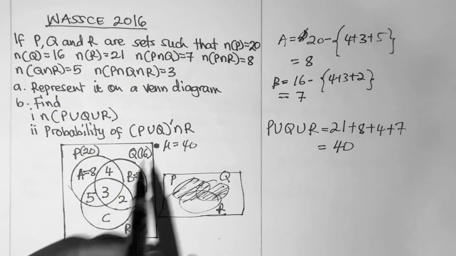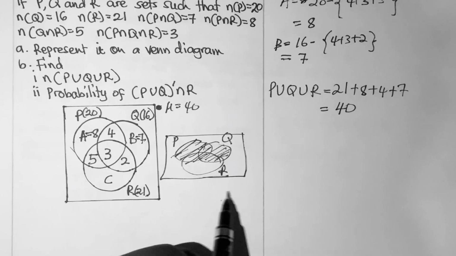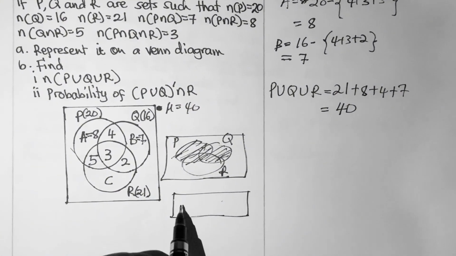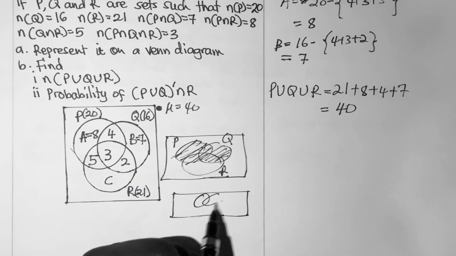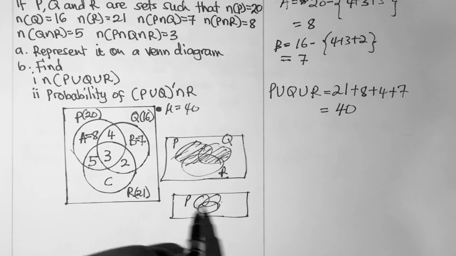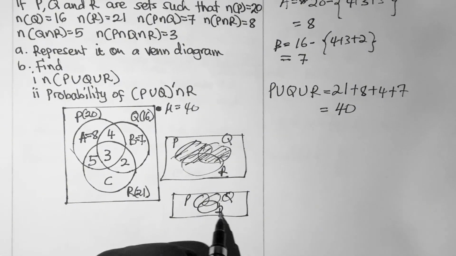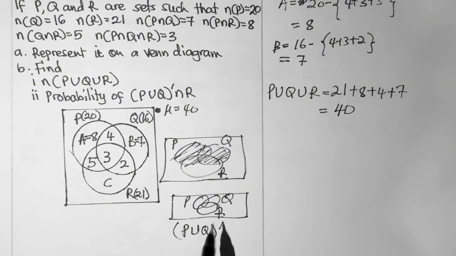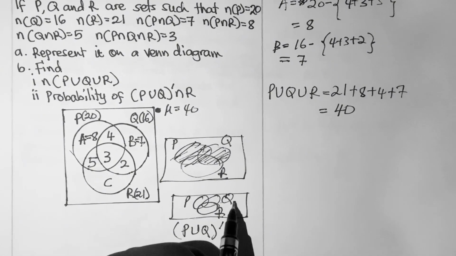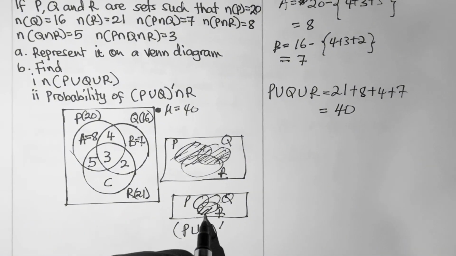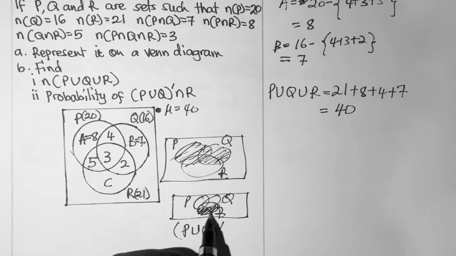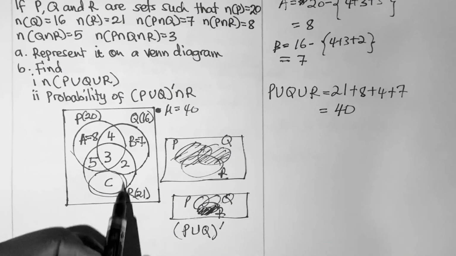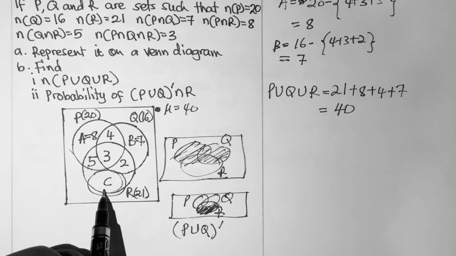But then the question is in P union Q prime intersection R. Now P, Q, and then R. So P union Q prime is all of the region outside P union Q. So it is this region. So P union Q prime intersection R, you see, is going to be the value of what? C. So we are supposed to find C.